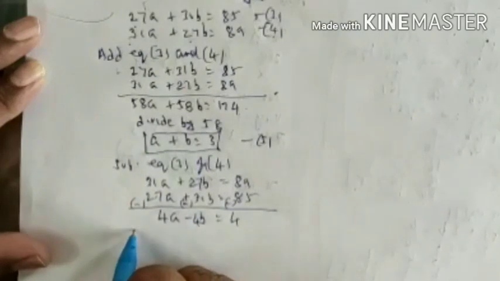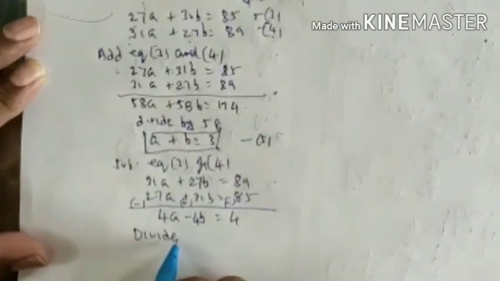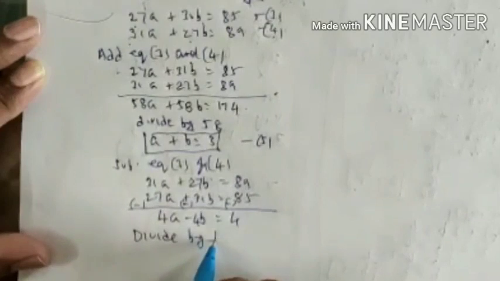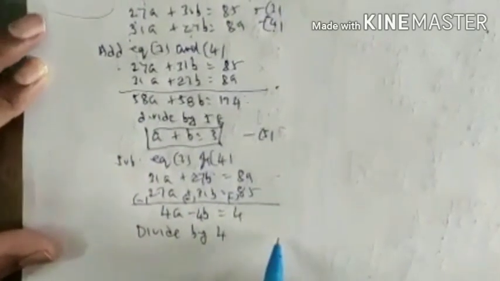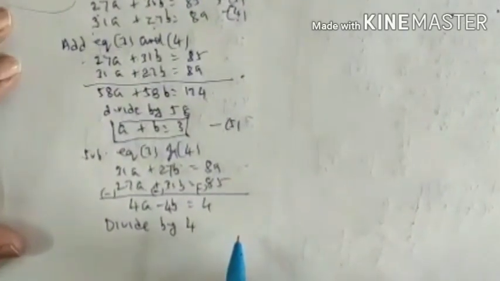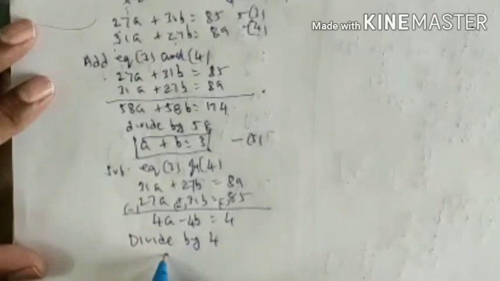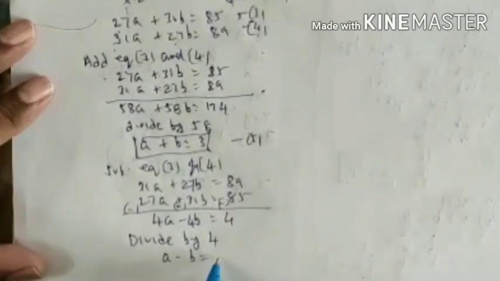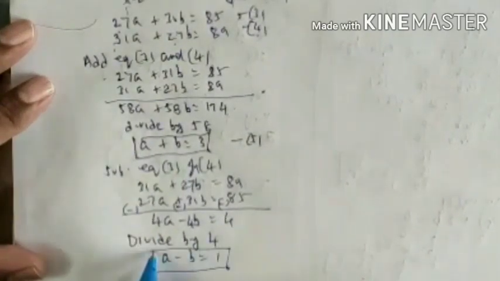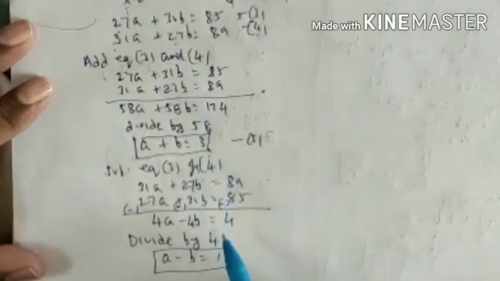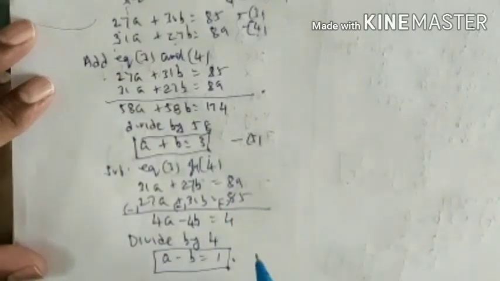Now here we shall divide by 4. If we divide by 4, we get a minus b is equal to 1. See, we got the value of a plus b, we got the value of a minus b.